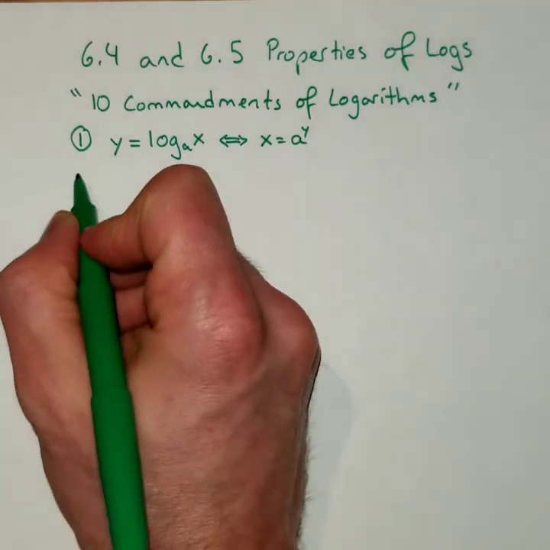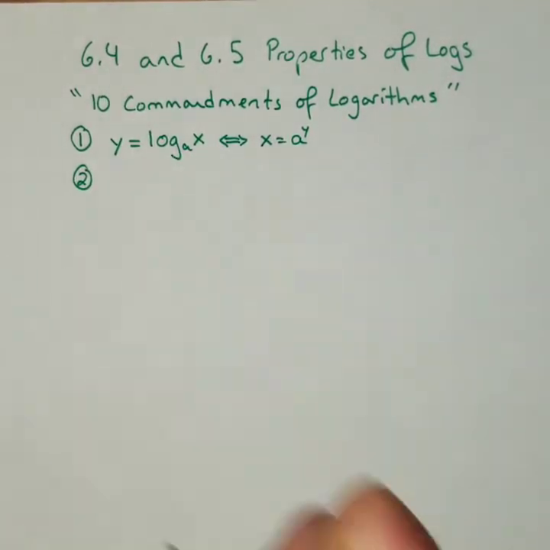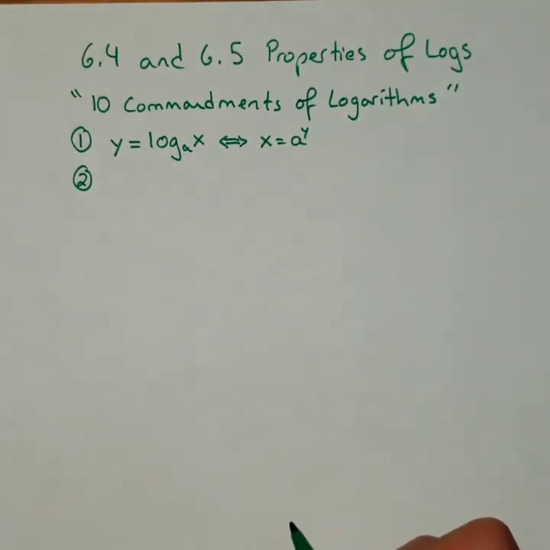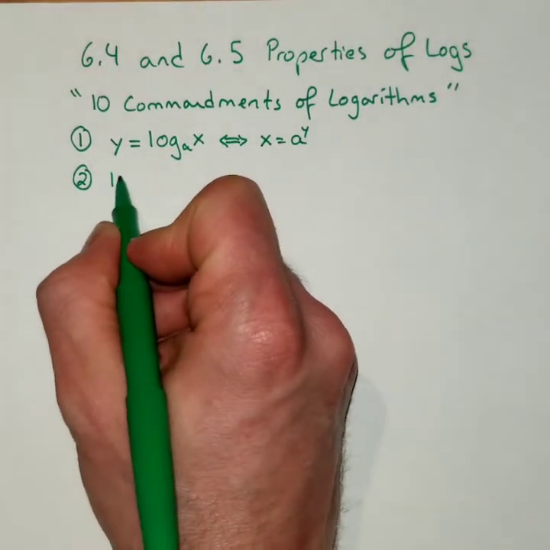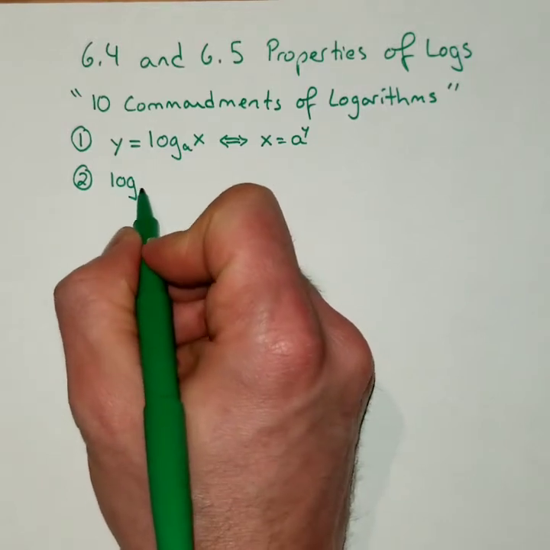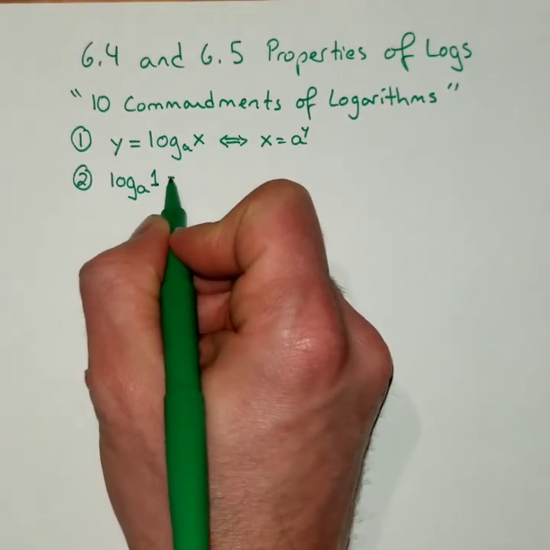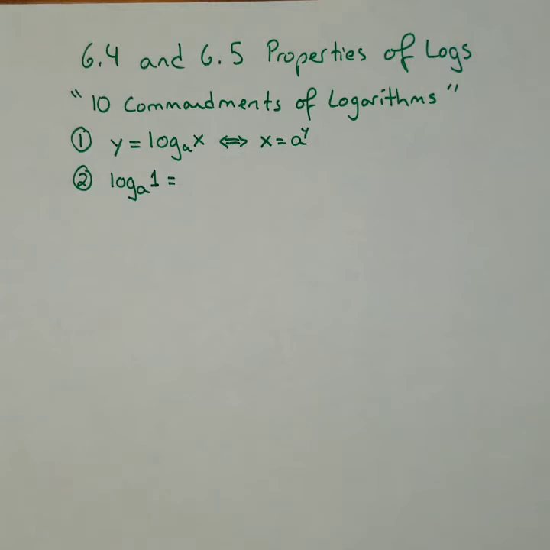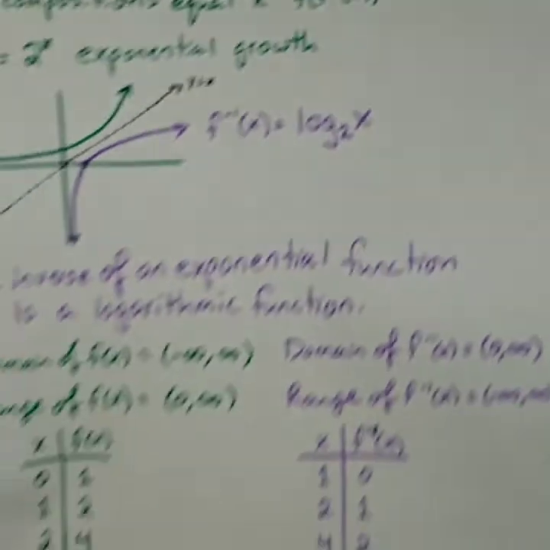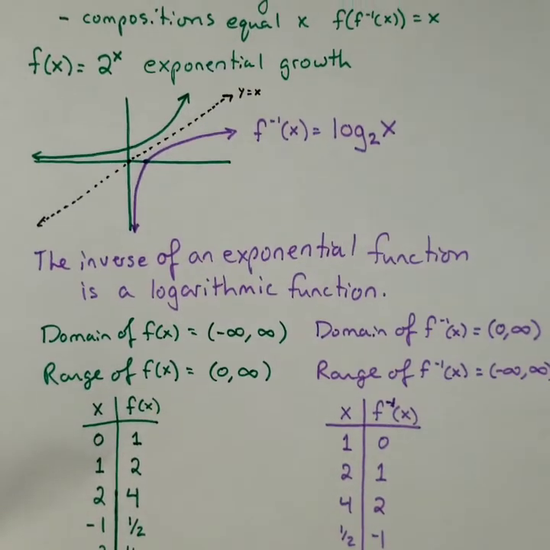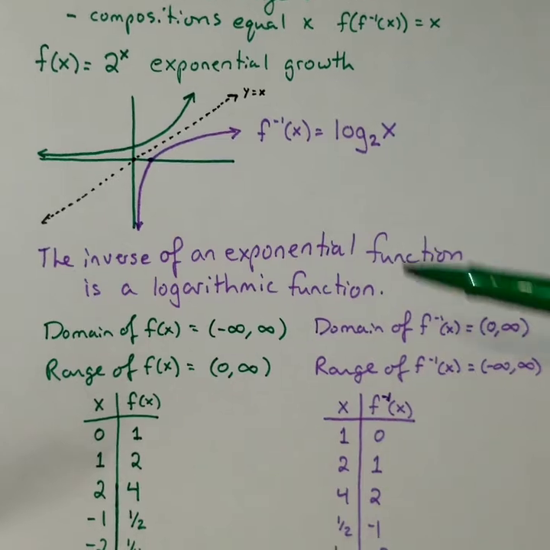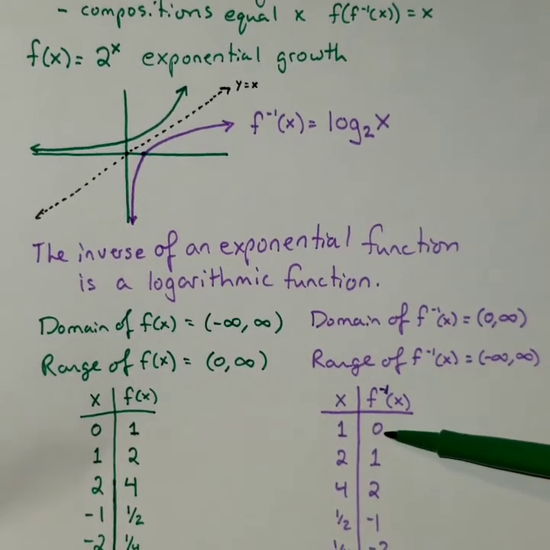so the second commandment of logarithms is this one, that the log base a of 1 is equal to something. If you input a 1 into a logarithm, the question is, what do you get out? We actually saw it already with some of our other functions, a couple videos ago. Log base 2 of x, you input a 1, you get out a 0.